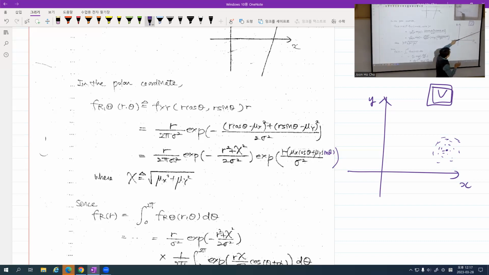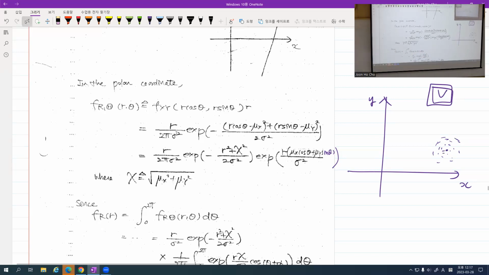If theta deviates from the angle of the mean vector, you have fewer points there, which means that the joint probability changes. It's different from when the mean is 0. So there is no independence between R and theta if you have a non-zero mean vector.